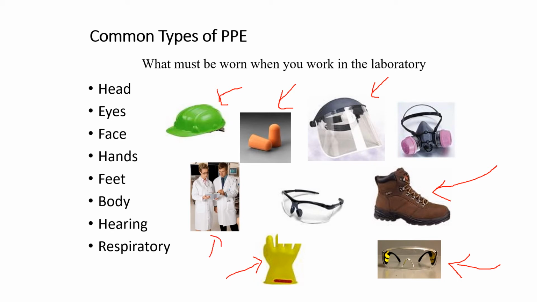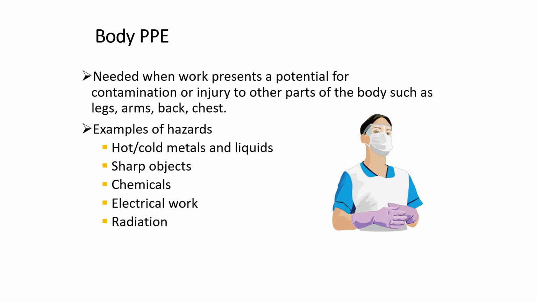So these are the body parts. Of course you need different PPE to cover these body parts, and first we will discuss body PPE. This is needed when work presents a potential for contamination or injury of other body parts, for example legs, arms, back, chest.